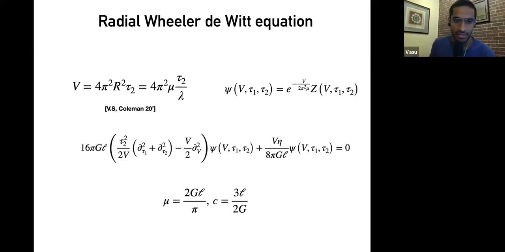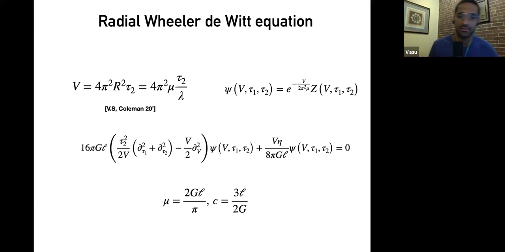I've written now these bulk constants, like Newton's constant and the cosmological radius. They're related to mu in the following way. 2 over pi times the product of G and L is mu. So mu has dimension of length squared. And c, like what we are familiar with from Brown-Henneaux, is the ratio.